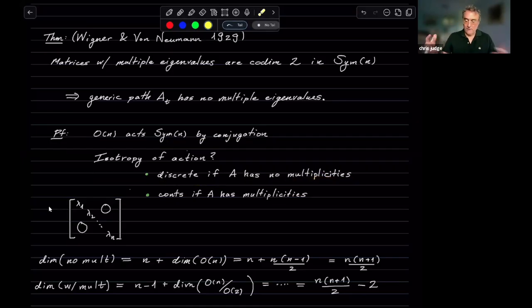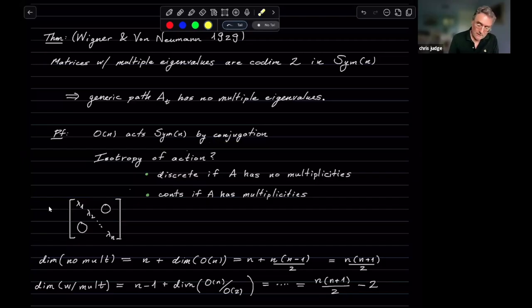What I mean by discrete is you can have permutations of the eigenvalues themselves. You can list the eigenvalues lambda 1, lambda 2, up to lambda n, and you can permute those bases. And so up to some permutations, the action of O of n by conjugation is free.